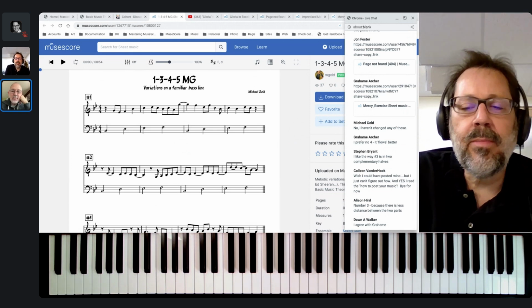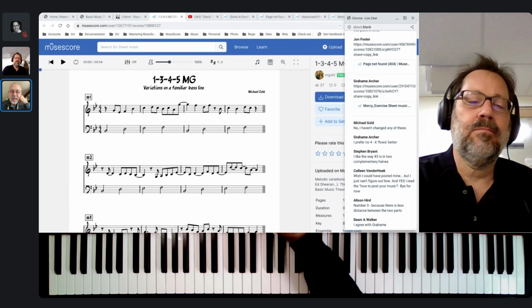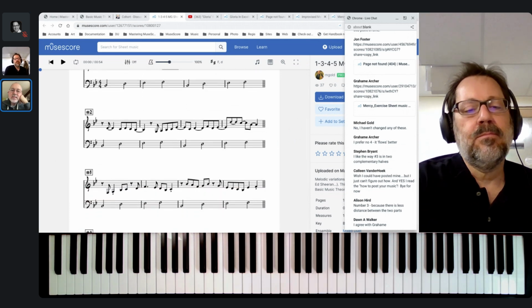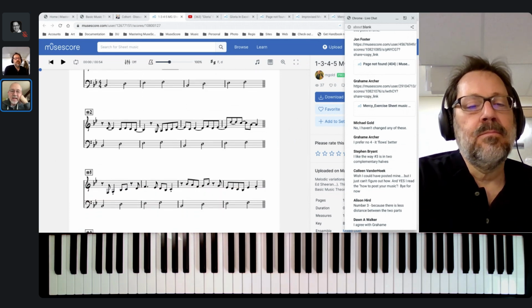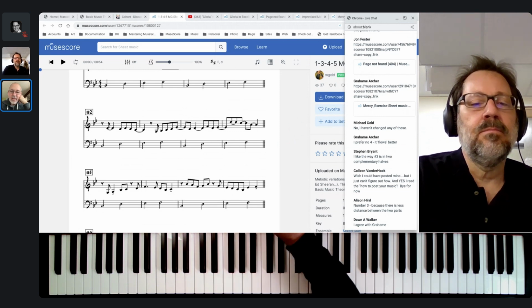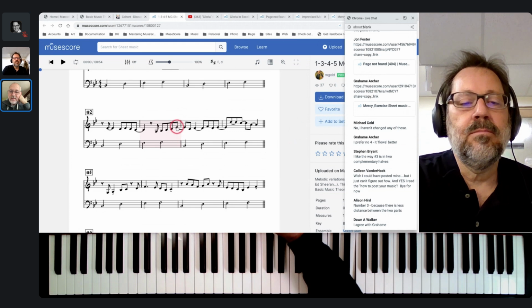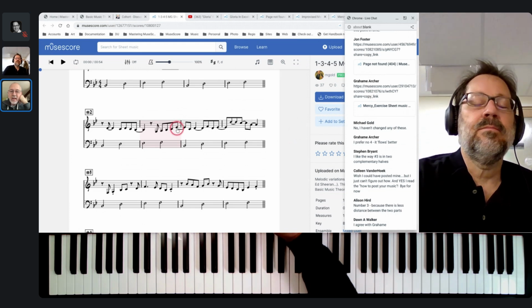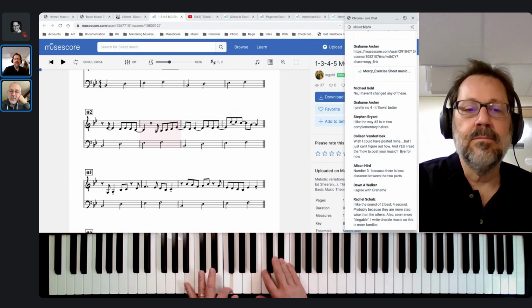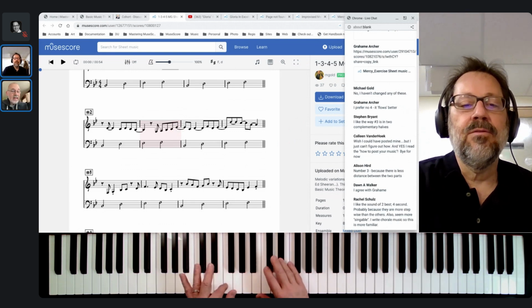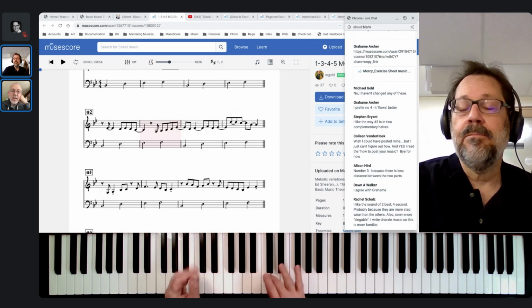I liked number two because there was a little dissonance between the second and third bars. There's an E flat that hangs out on the downbeat of the next bar. So I guess that's one of the suspensions we're talking about.